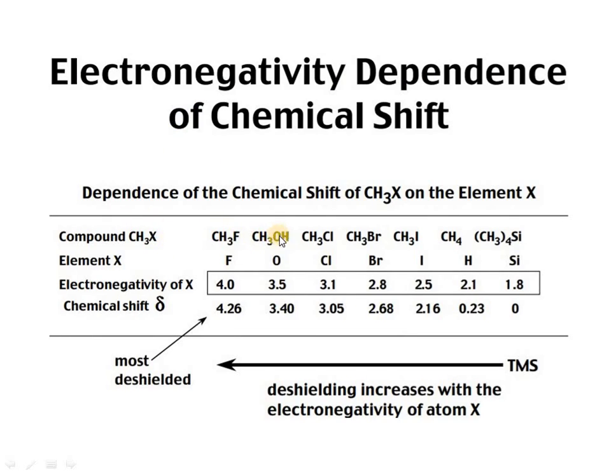Here X is taken as fluorine, oxygen, Cl, Br, hydrogen, silicon, and then we see that the electronegativity values are 4, 3.5, 3.1, 2.8, 2.5, 2.1, 1.8, and the chemical shifts, the most deshielded will be, because fluorine is the most electronegative, 4.26, and then 3.4 for oxygen, and 3.05 for chlorine, 2.68 for bromine, 2.16, 0.23 and 0.